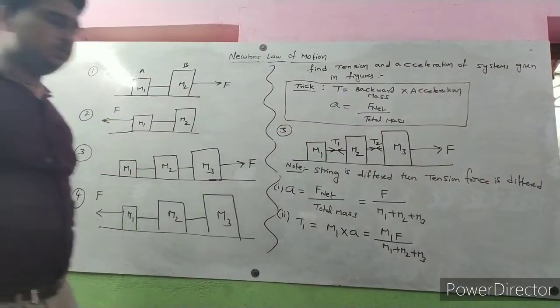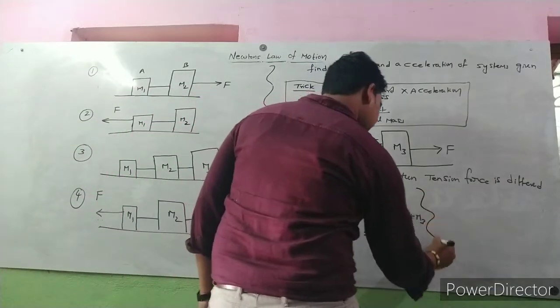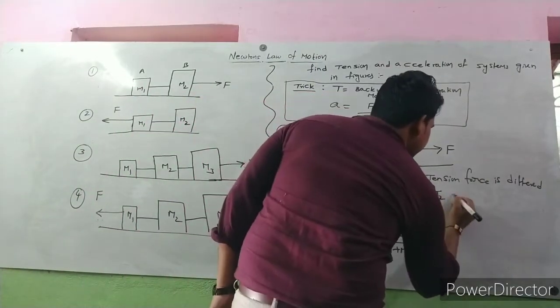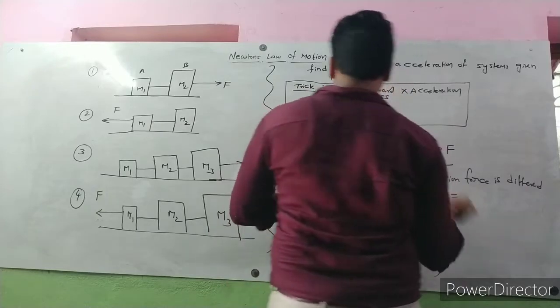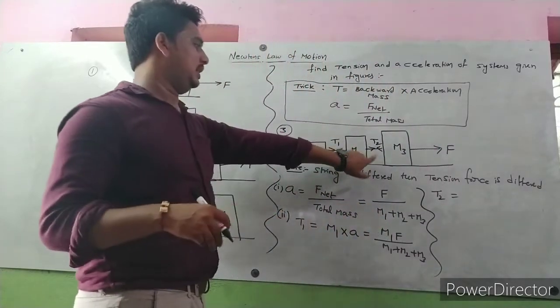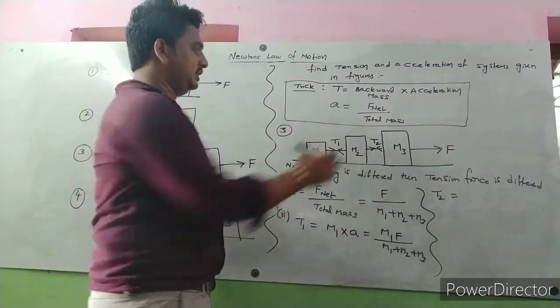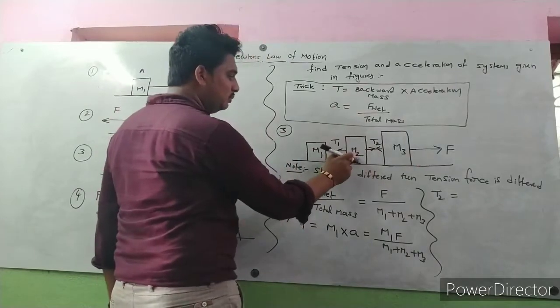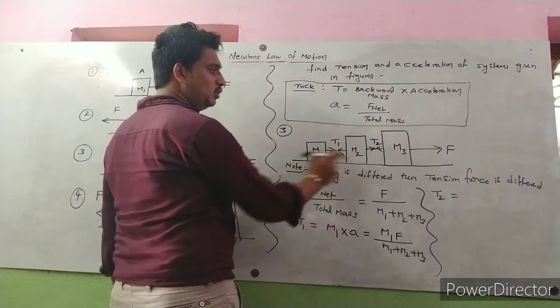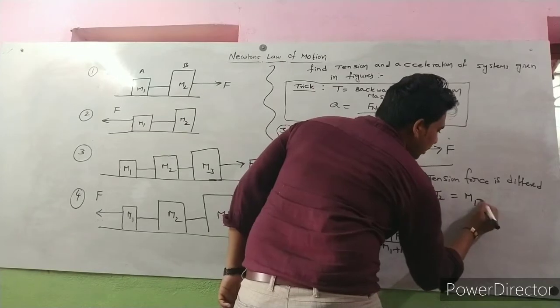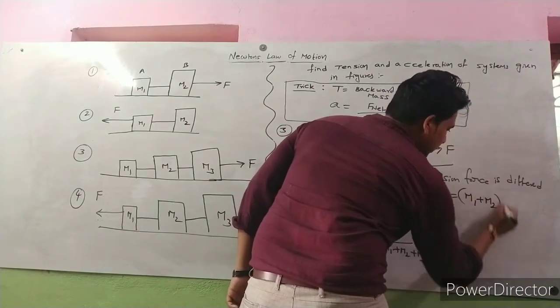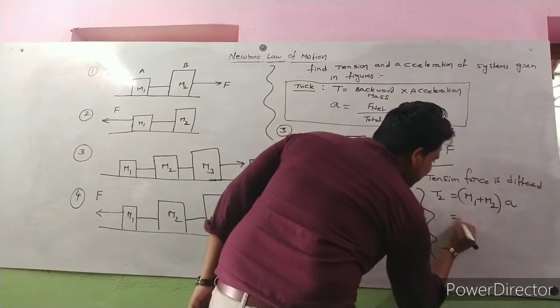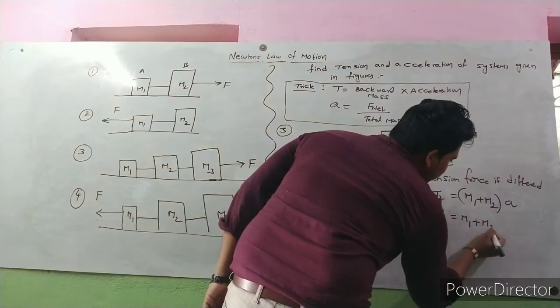Okay, next T2. How to find T2? T2 is equal to the same, backward mass into acceleration. What is the backward mass? m2 and m1. So that means m1 plus m2 into a.